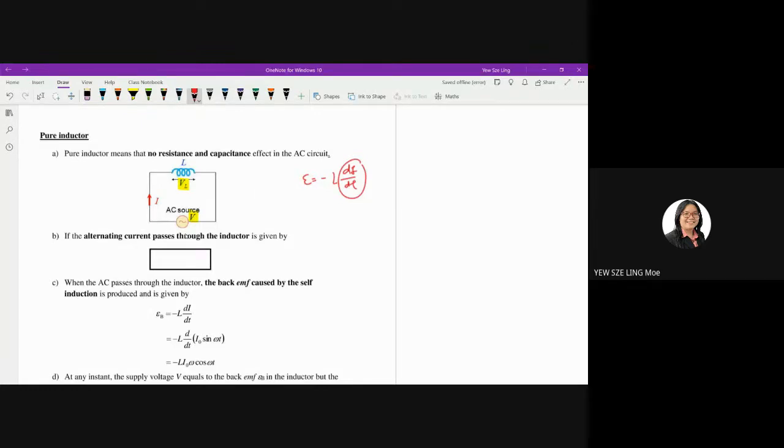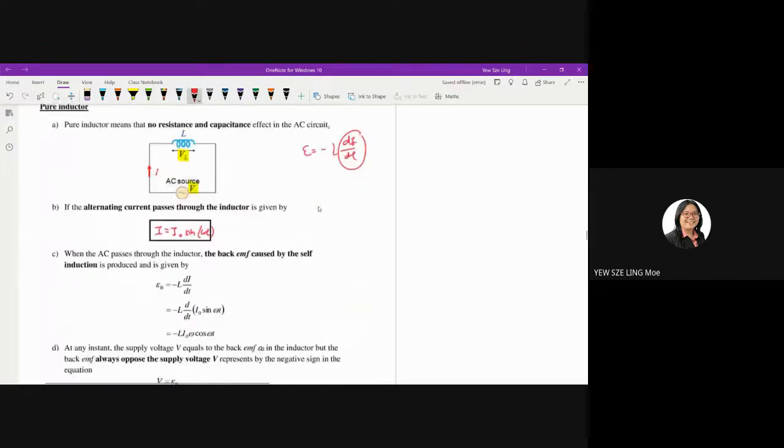So for alternating current passing through the inductor, the equation is given by I equals I naught sine omega t. Okay, we know it starts from 0 and then increases slowly according to the values given in the source. It will increase, just that it's a bit slow.